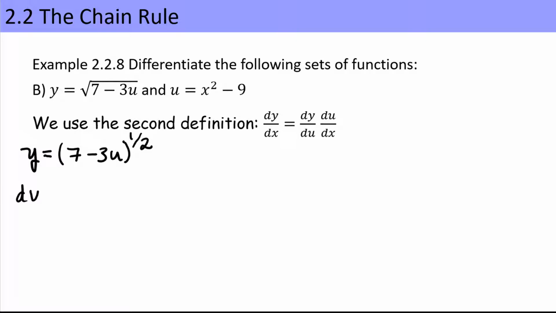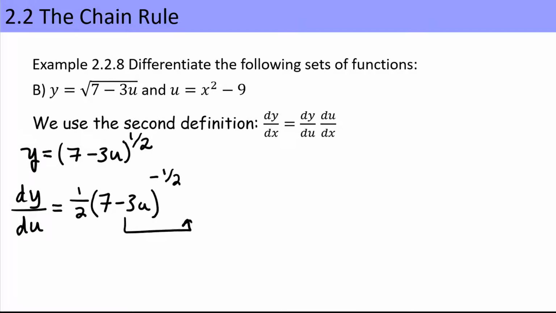Then the derivative of y with respect to u is equal to, and we'll apply the chain rule. Bring the 1/2 down, that's the power, make it the coefficient. The inside function 7 minus 3u stays put. 1/2 minus 1 is minus 1/2 for the power, and the derivative of the inside function, that's 7 minus 3u, that derivative is, well, the derivative of 7 is 0, negative 3u would just be negative 3.